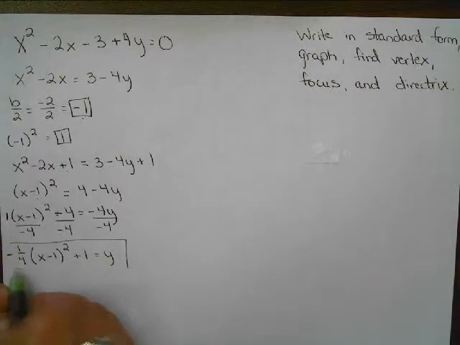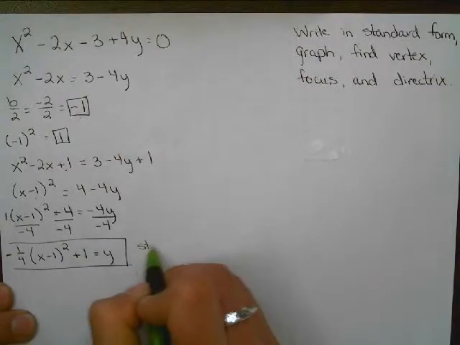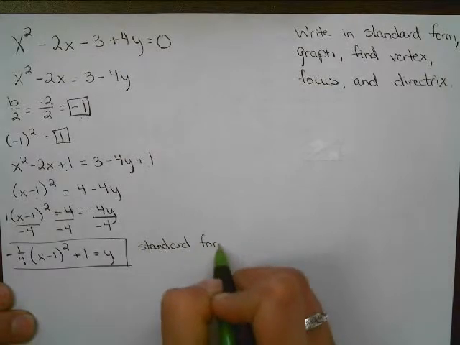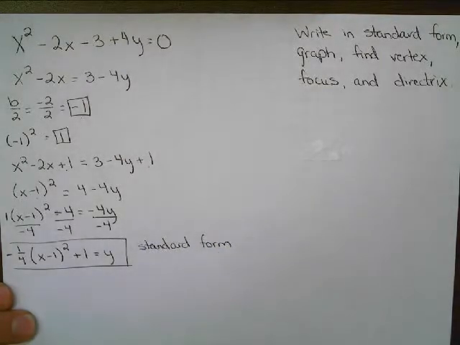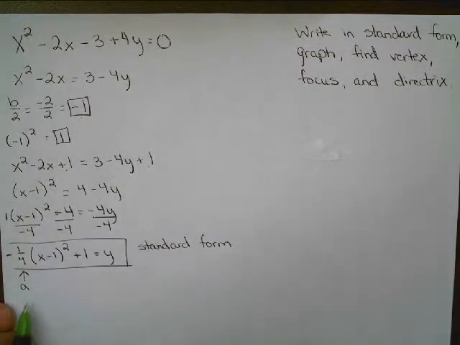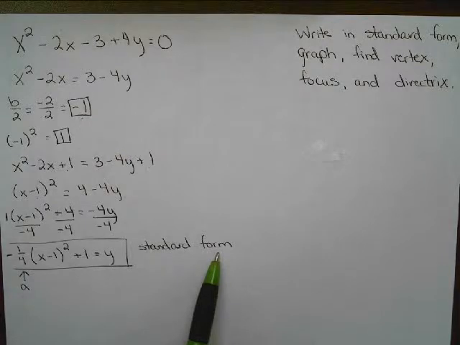So now this is my standard form equation. This right here is A. So I'm going to use that later when I try to find C to get my focus and my directrix. But for now, we know this is in standard form.